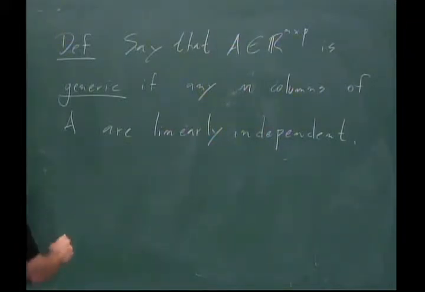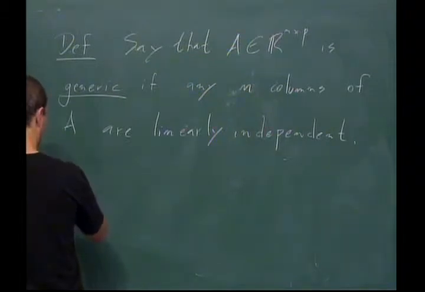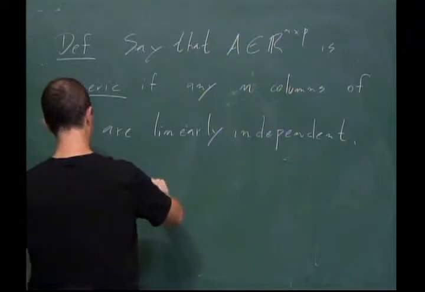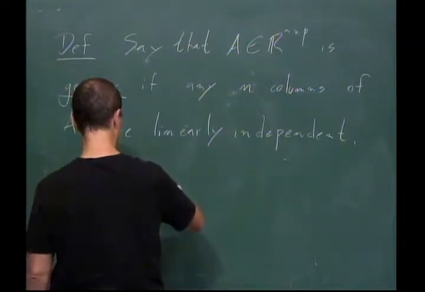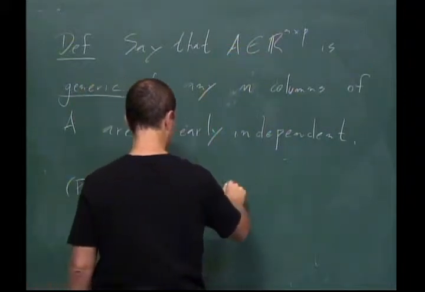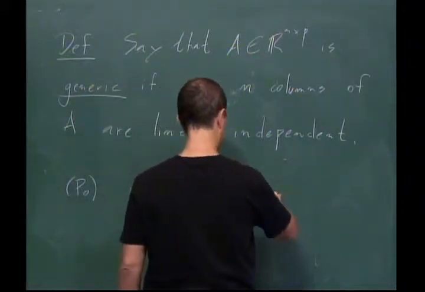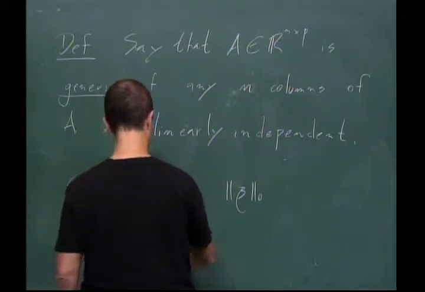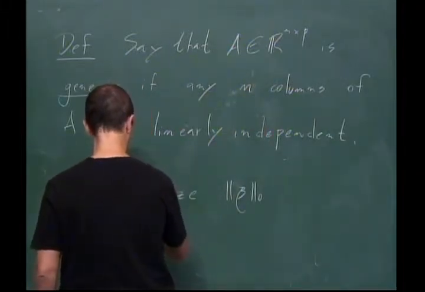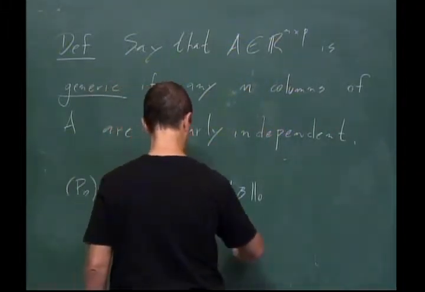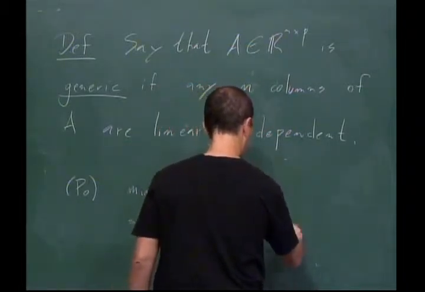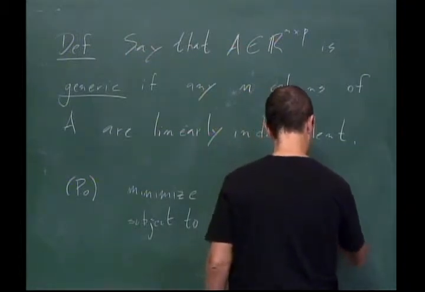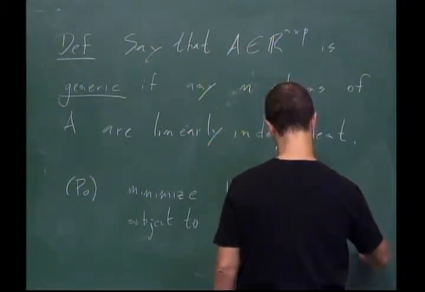So now, let's say I'm going to define a problem here, which I'm going to call P0, which is an optimization problem. So I'm going to minimize the norm 0 of beta subject to beta belonging to R^p, and A times beta equals y.